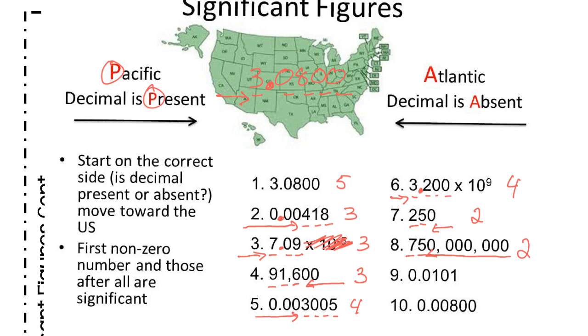It's present. So I'm going to go to this side till I hit my non-zero number. 1, 2, 3. And the last one, decimal absent or present, it's present. So I'm going to go until I hit my first non-zero number, which is the 8, count till I run out. 1, 2, 3. This would have 3 significant figures also.